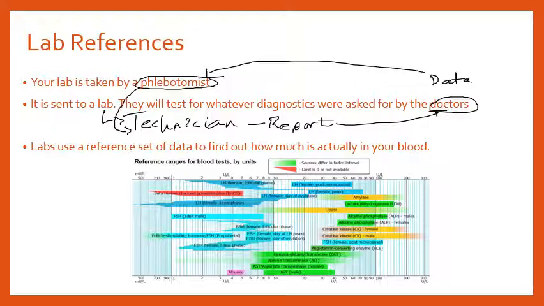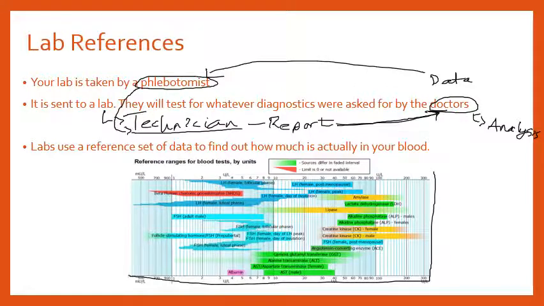They will produce their report and give that to the doctor, and then the doctor is able to interpret it and do some analysis. It is not up to the lab tech to make a decision and say, okay, this guy has hemophilia. That's not their job. Their job is just to make the report, put out the numbers, and it's the doctor's job to look at it.